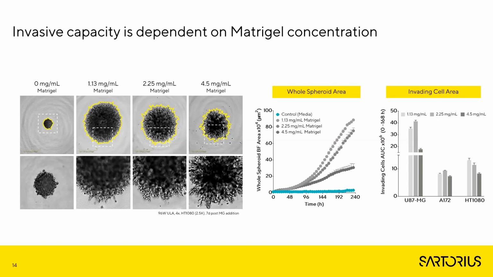This is in alignment with reports which suggest that at an optimal ECM concentration, cells at the periphery of the spheroid very much align with the matrix fibers and rapidly invade the surrounding ECMs. Now, we would need to, of course, firm up this observation by performing a much wider test concentration range for Matrigel.